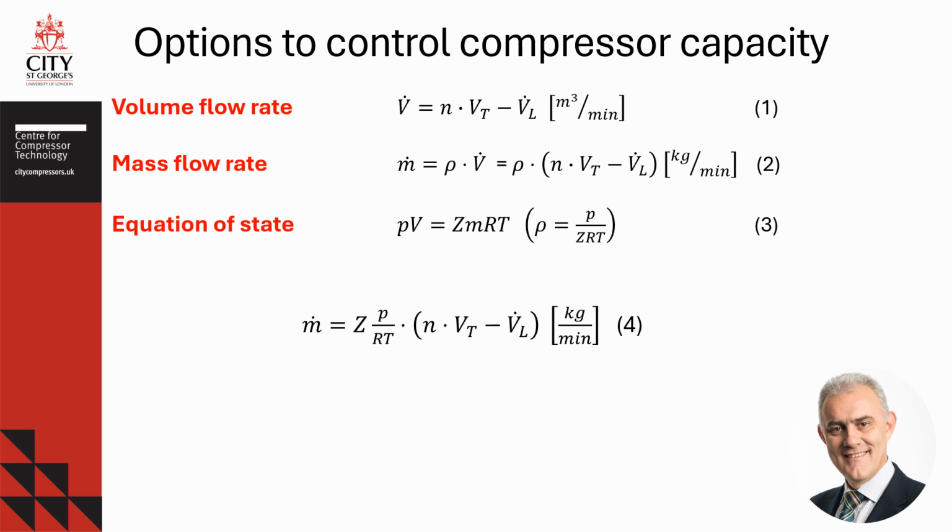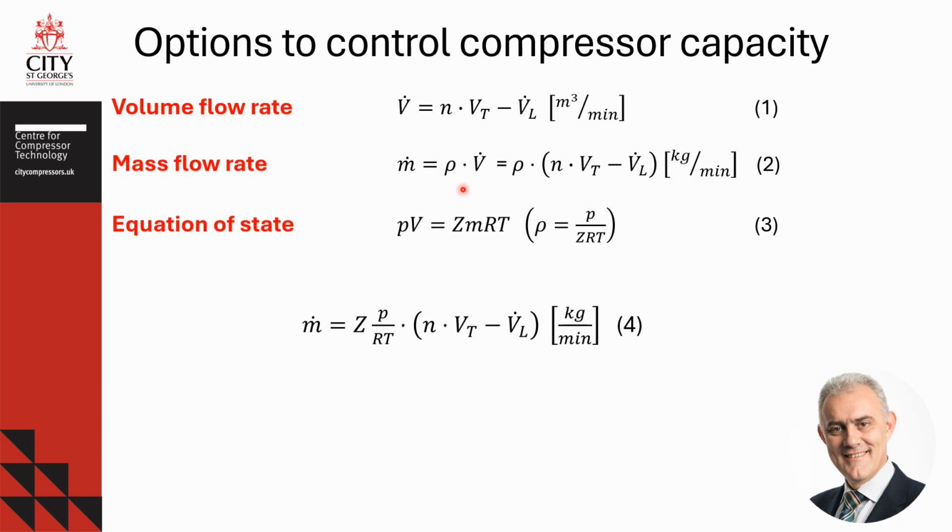How can compressor capacity be regulated? To understand that, let us review the basic definition of the volume and mass flow. Volume flow rate, in equation 1, is defined as the difference between the displacement Vt at a certain speed n and the leakage losses Vl.